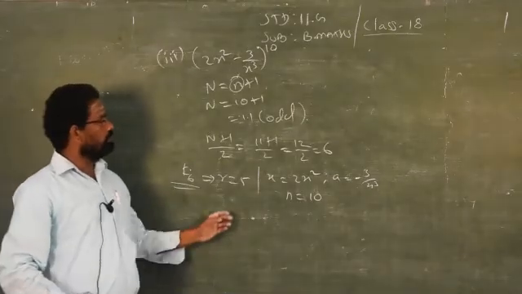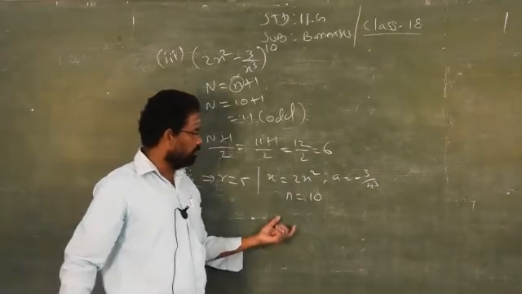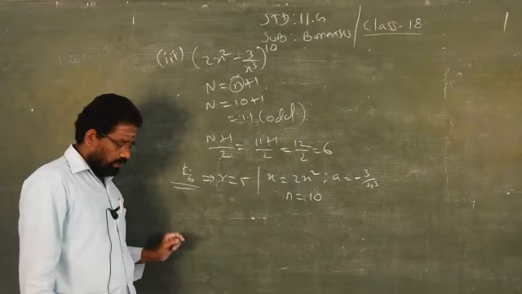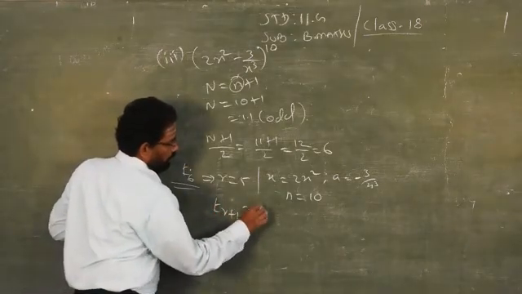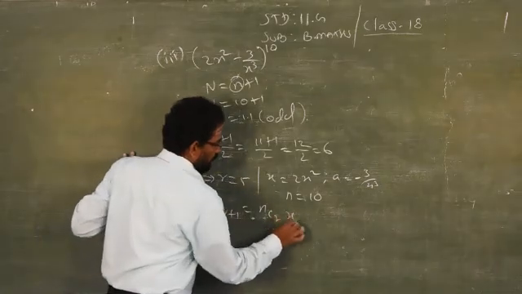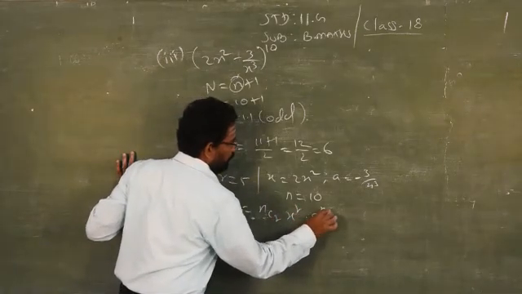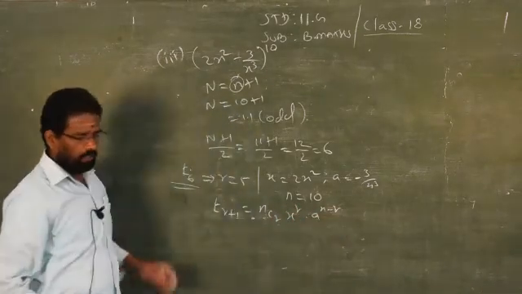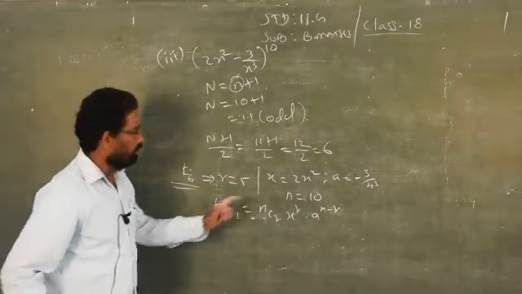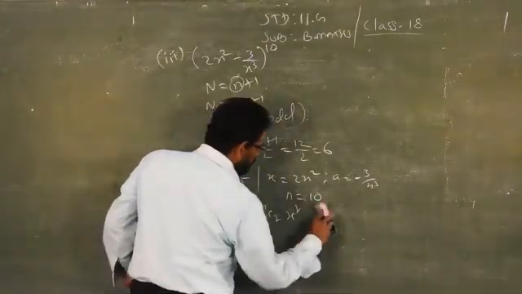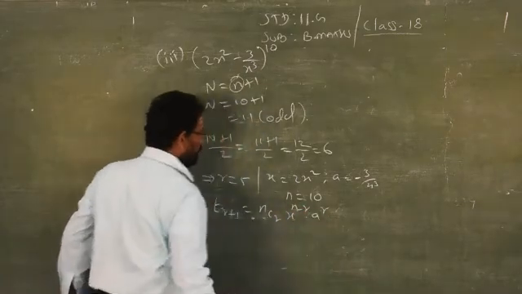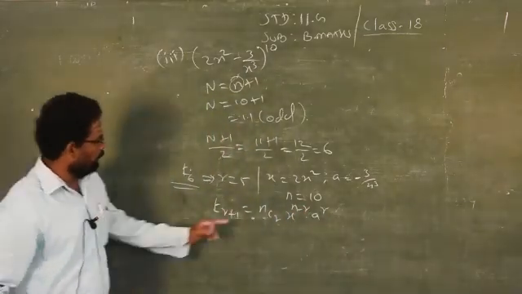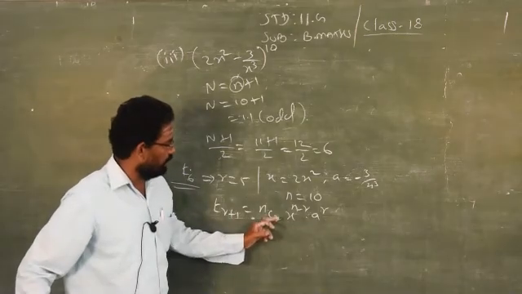So now by using that formula, just substitute in the general formula, that is T(r+1) equals nCr x power r into a power n minus r. This is the wrong formula. So don't confuse. What will come here? x power n minus r into a power r. So now replace in the place of n, r, x, a.